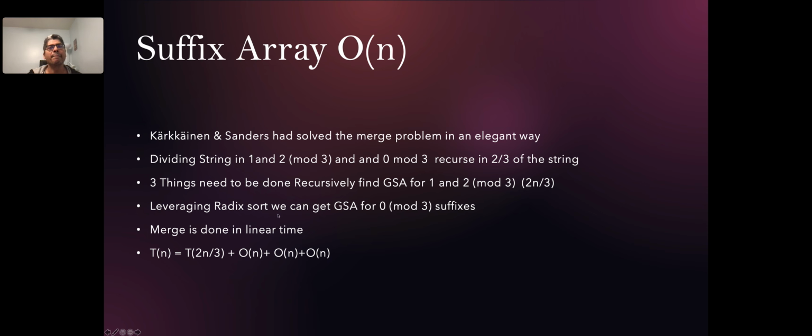Compute the GSA for the 1 and 2 mod 3 positions. Do the radix sort, and then merge them together.